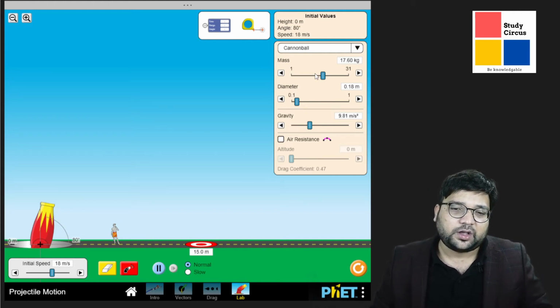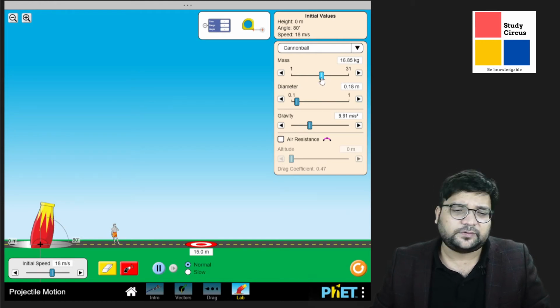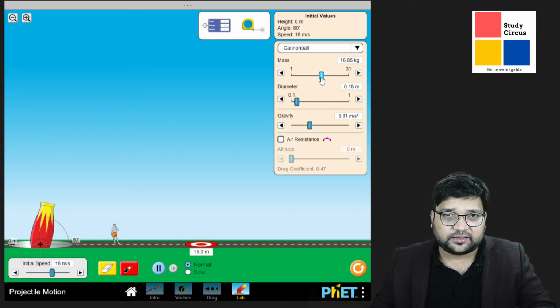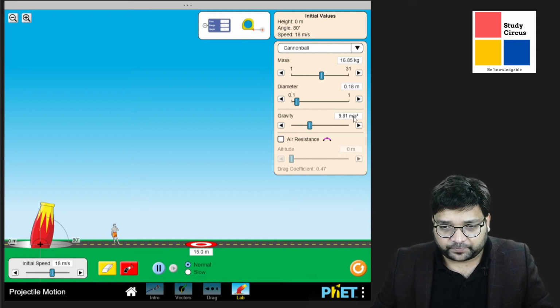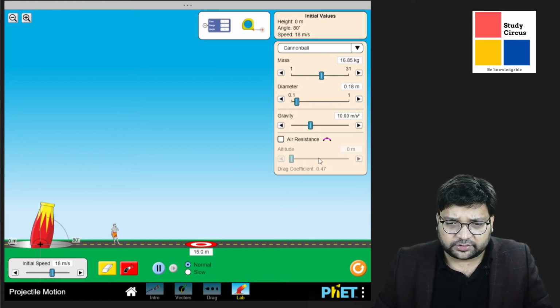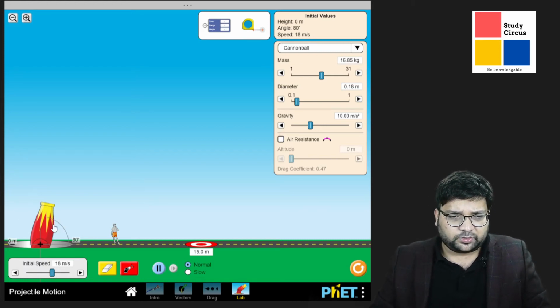So no matter what the mass is, it is not going to make any difference to the range, the maximum height or the time of flight. And g for our case we take as 10 meters per second squared. Air resistance is negligible. Okay, fine. So this is a projectile.